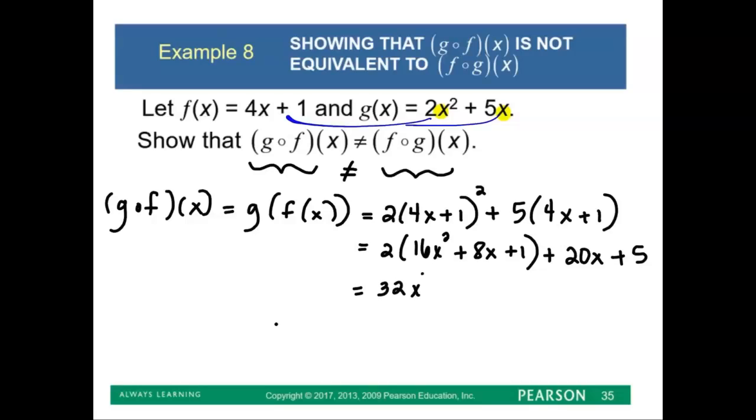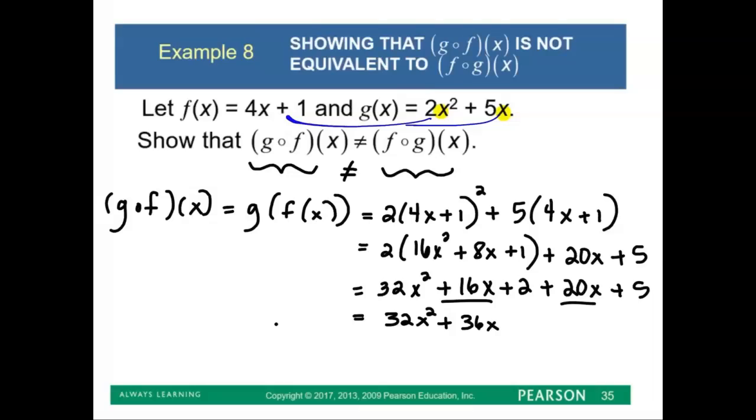So we have 32x squared plus 16x plus 2 plus 20x plus 5. Okay, and so now we want to combine like terms. We have 32x squared. Combine our linear terms, so we have 36x. And combine our constant terms, which is 7. So g of f of x equals this quadratic.